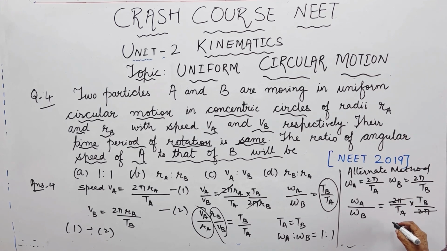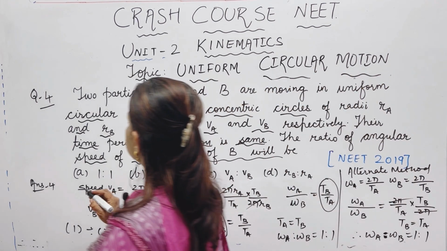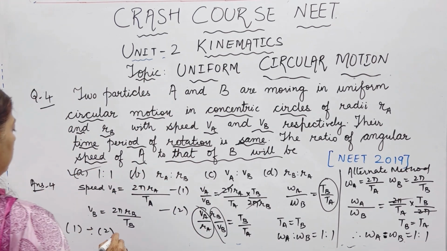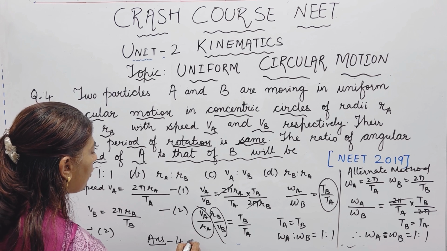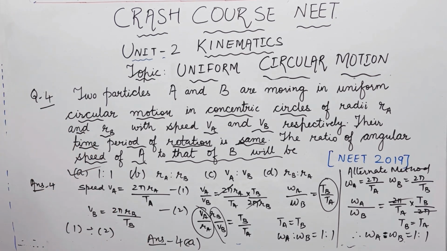Since TB is equal to TA, the both time periods are the same, therefore omega A upon omega B is equal to 1:1. So the answer for this is A. So the answer for the fourth is option A, the ratio will be 1:1.